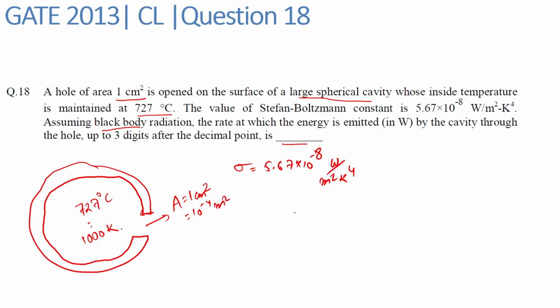So here we can use the correlation given by Stefan-Boltzmann, that is Q is equal to sigma A T raised to 4, where sigma is the Stefan-Boltzmann constant, and A is the area through which radiation occurs.